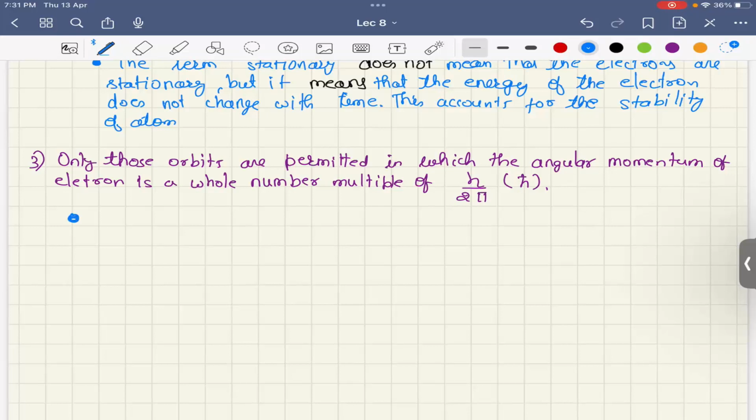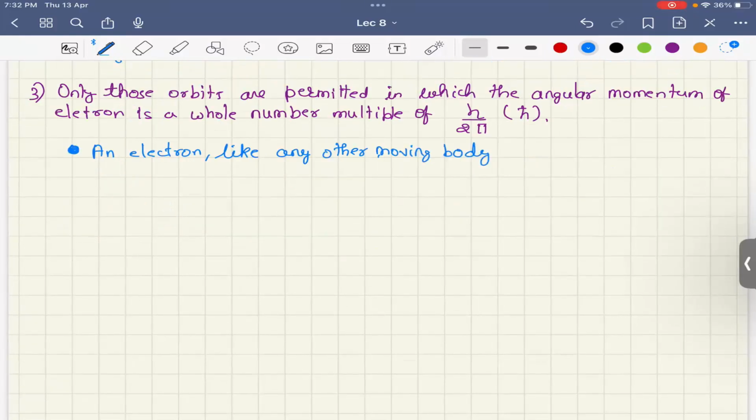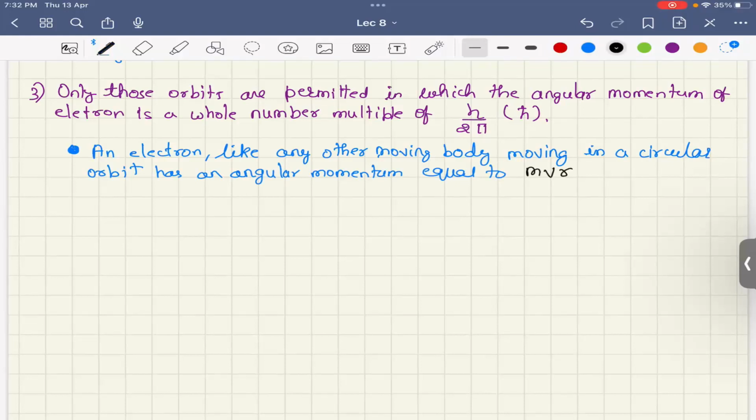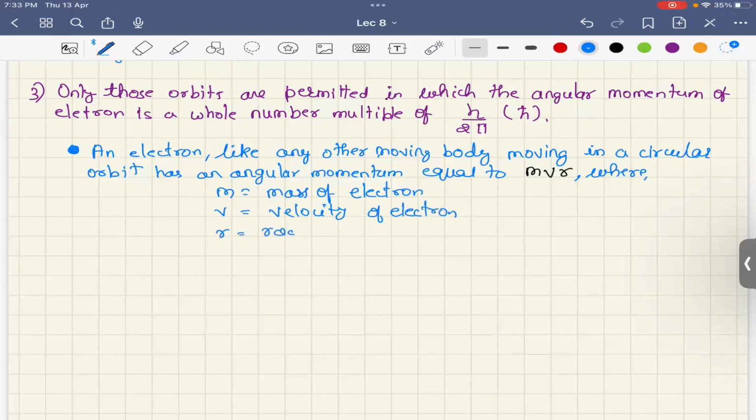The sub point of this is that the electron, like any other moving body moving in a circular orbit, has an angular momentum equal to mvr, where m is the mass of the electron, v is the velocity of the electron, and r is the radius of the orbit, right?